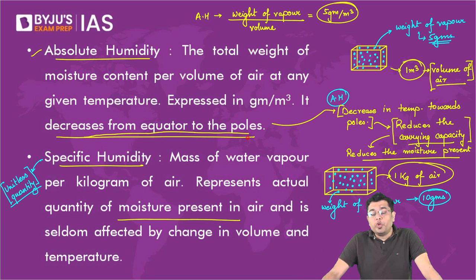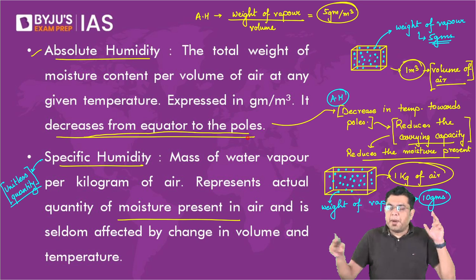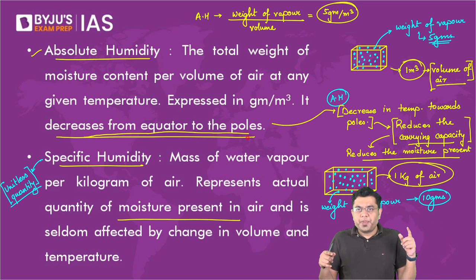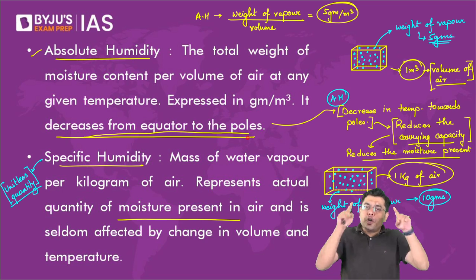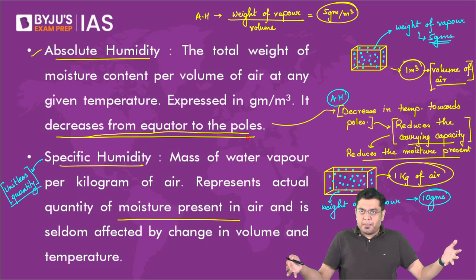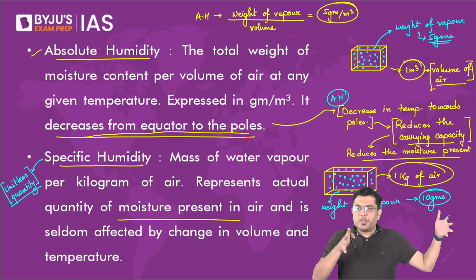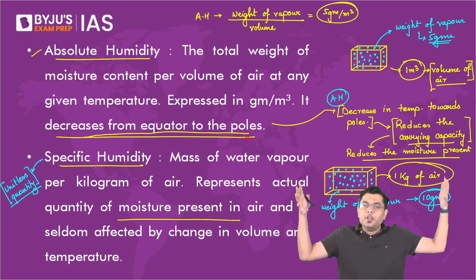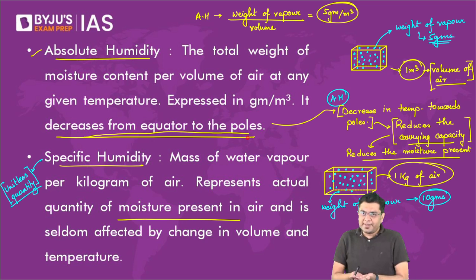But here you won't observe that change in specific humidity measurement because let's suppose the temperature increases or an air parcel is heated up. When the air parcel is heated up, there will be various different particles which will escape the system. But nonetheless, in order to capture 1 kg of air mass or 1 kg of gaseous molecules, dust particles, etc., you will have to consider a larger existence itself.